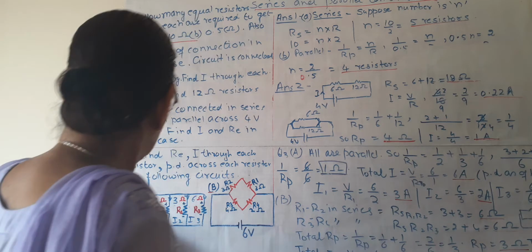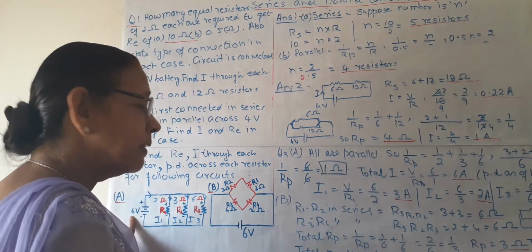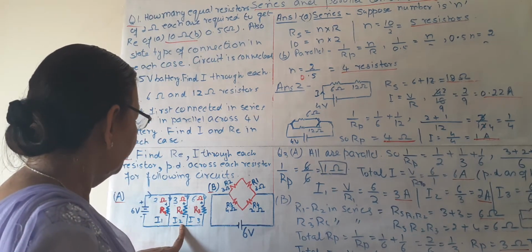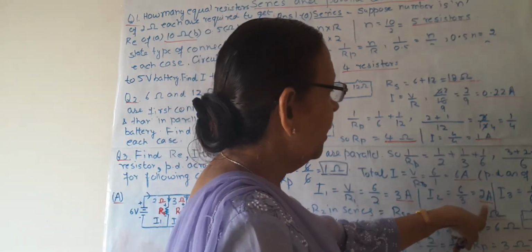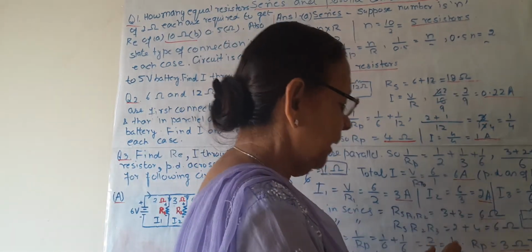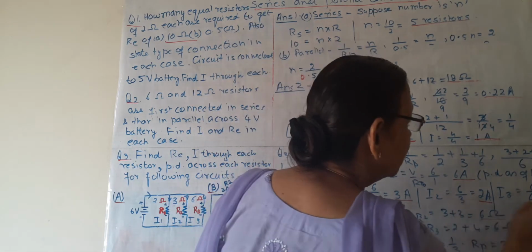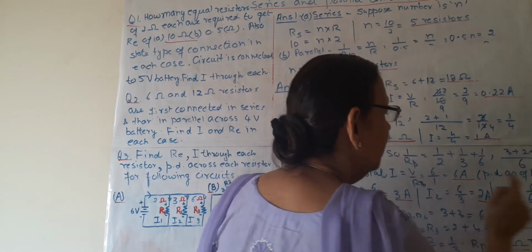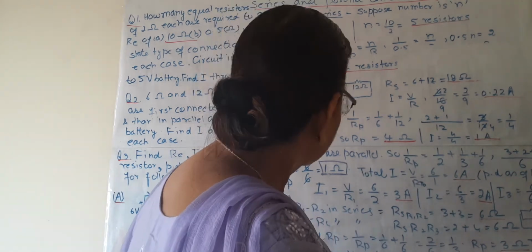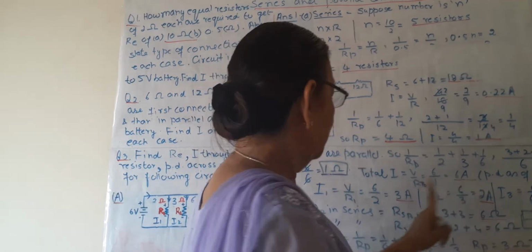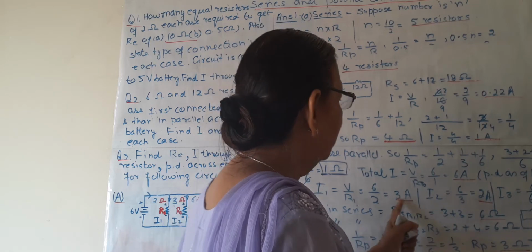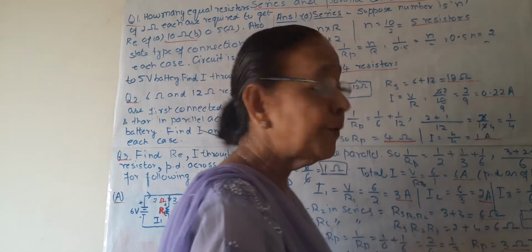I2 will be 6, 6 is common, upon resistance of R2, that is 3. It is 2A. Likewise, this is 1A. If we total all these currents, 3 plus 2 plus 1, it will be 6A, the total current of the system. So we can check whether our calculations are right or not.